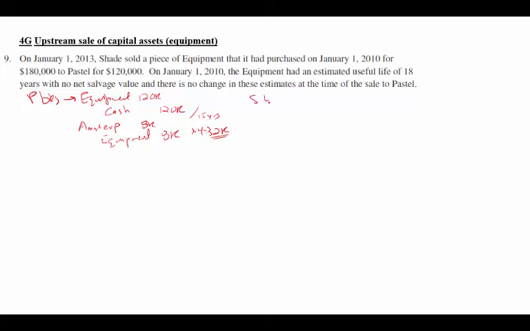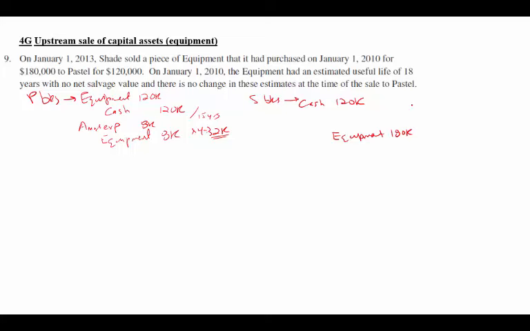Now let's look at Sub's books. We know that Sub originally purchased the equipment for $180,000. They received cash of $120. There'd be some accumulated amortization. Again, I will call it equipment, in this case recognizing that it is accumulated amortization.